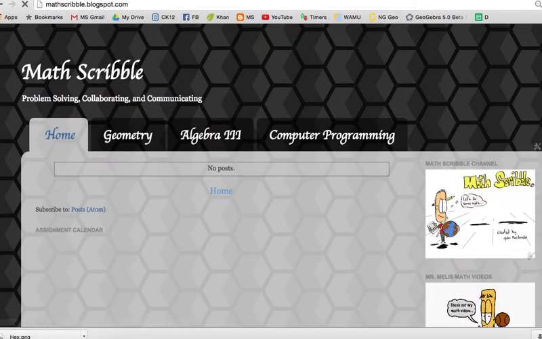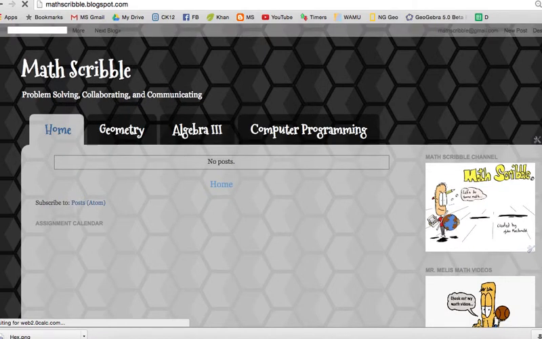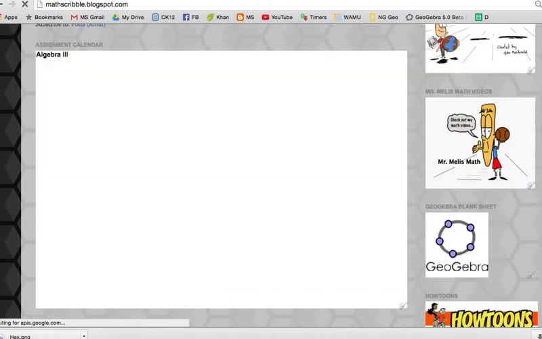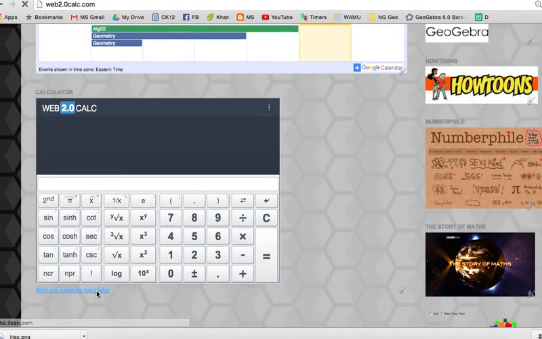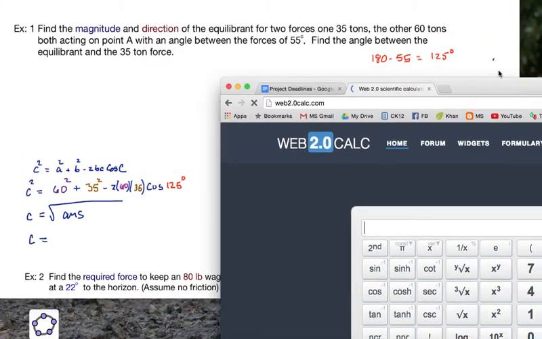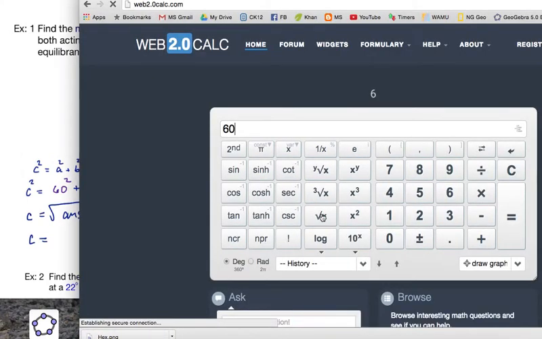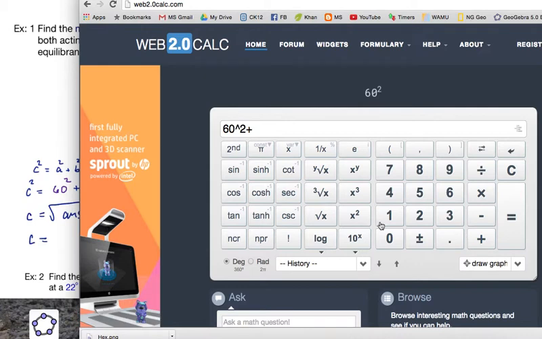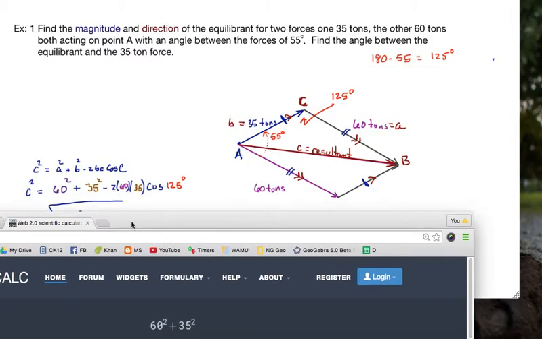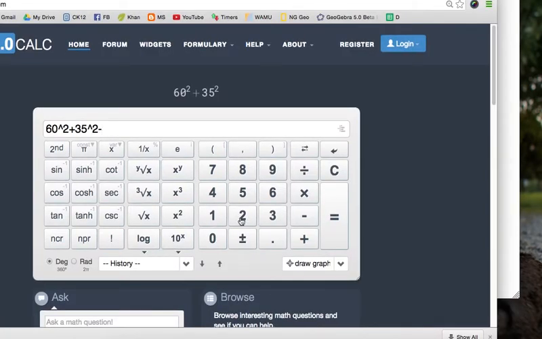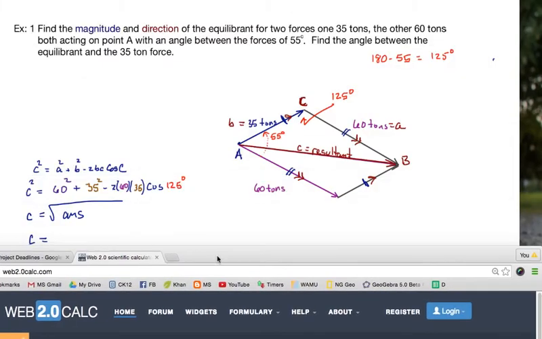So we've got 60 squared plus 35 squared minus 2 times 60 times 35 times cosine of 125.